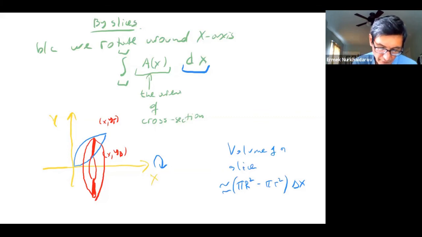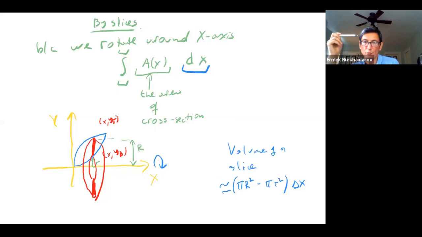Now I need to express that big R and that small r in terms of coordinates of these endpoints. So you see that from here to here, that's little r, and from here to here is outside radius. What you notice is its distance from x-axis toward your first point is little r.